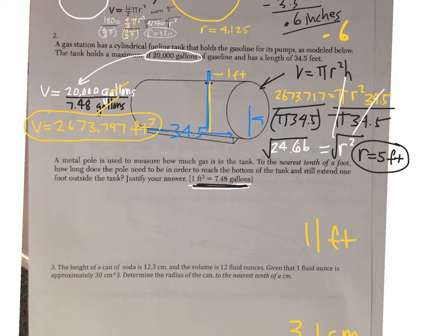We're after how long the stick is. So the pole would equal 1 foot to start off with. That's the part that's sticking out of the top of the tank. And then you're going to have to add on a radius, which is 5, and that's still not done. You still have to add on another radius. So the pole would have to be 11 feet long.